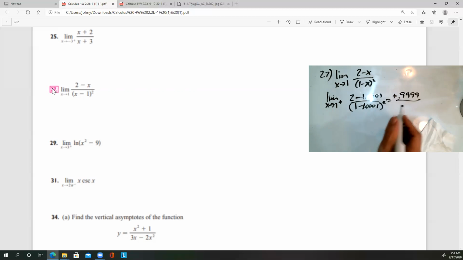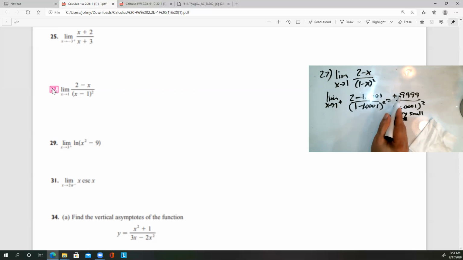1 minus 1.0001 is negative 0.0001. When you square that, it becomes a positive, very small number. Positive, by the way, because negative squared is always going to be positive.